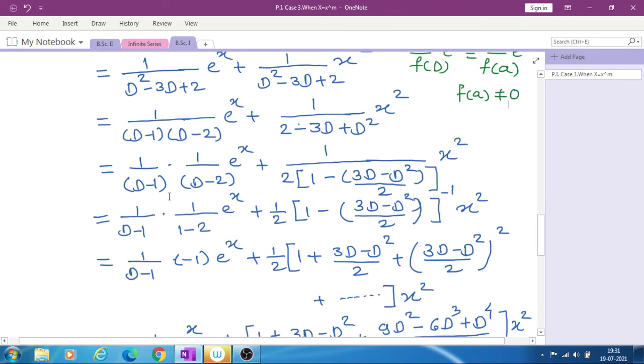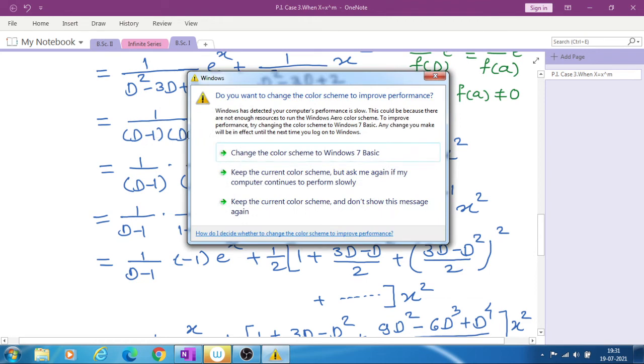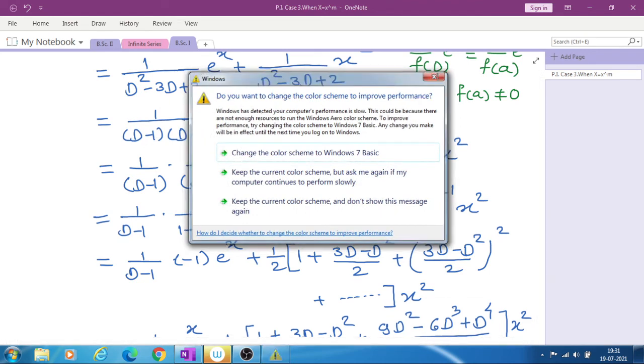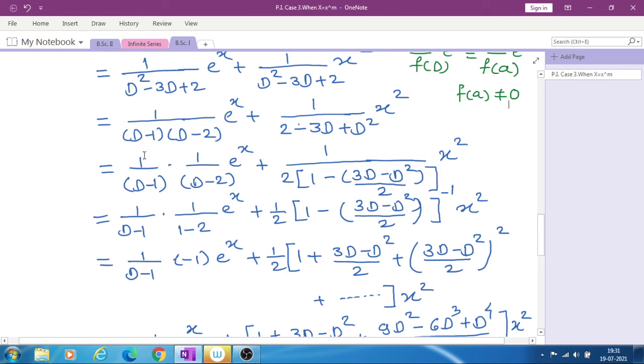Now in the next step, we have to use the formula of e raised to ax, that is substitute D is equal to a, if f(a) is not equal to 0. If we substitute D is equal to 1, then 1 minus 1 becomes 0. So we cannot substitute D is equal to 1 in the bracket D minus 1.